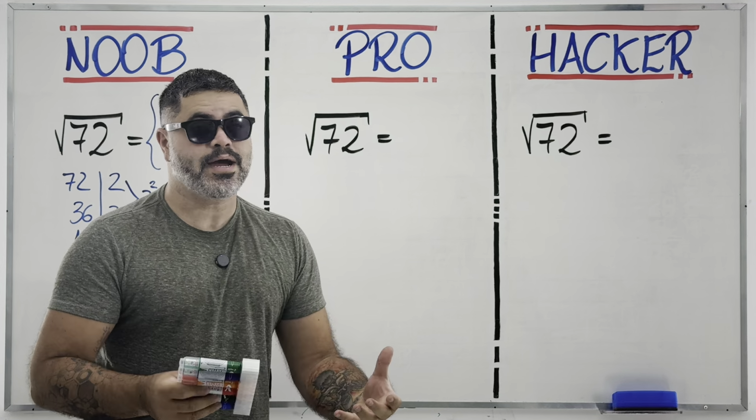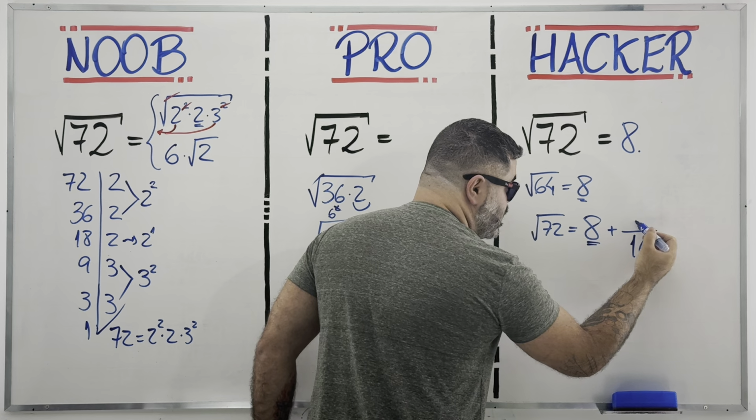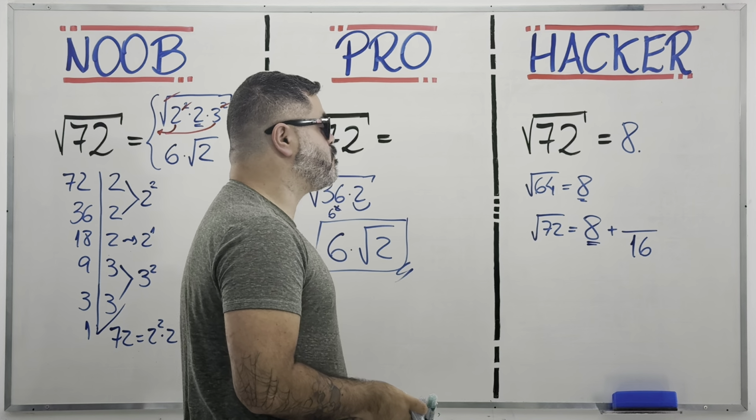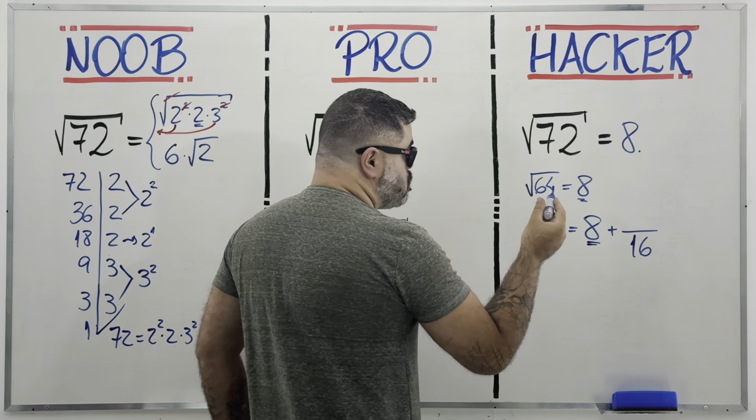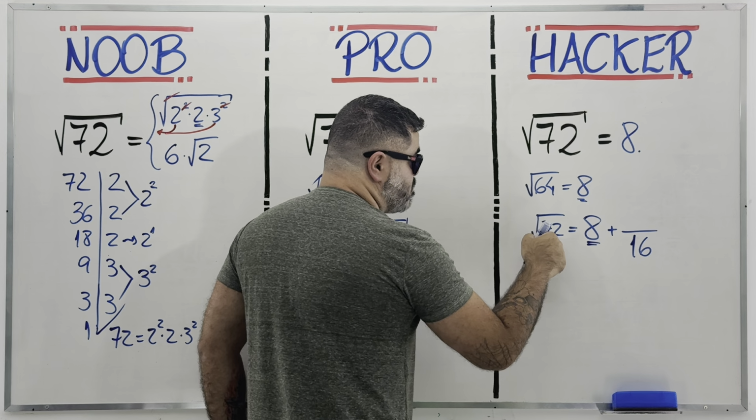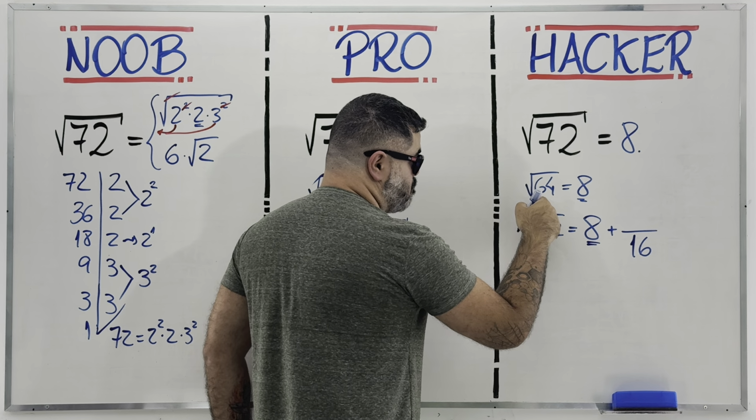Now, as I want to calculate the square root of 72, I know it's going to be 8 plus something, and this something is going to be a fraction. In here, the denominator is going to be double the number 8. So 8 times 2 is 16. And in here, the numerator of the fraction is going to be 72 minus 64.